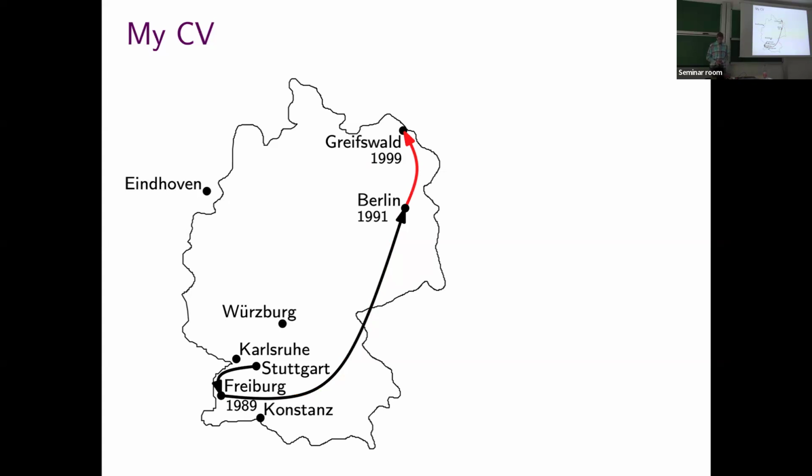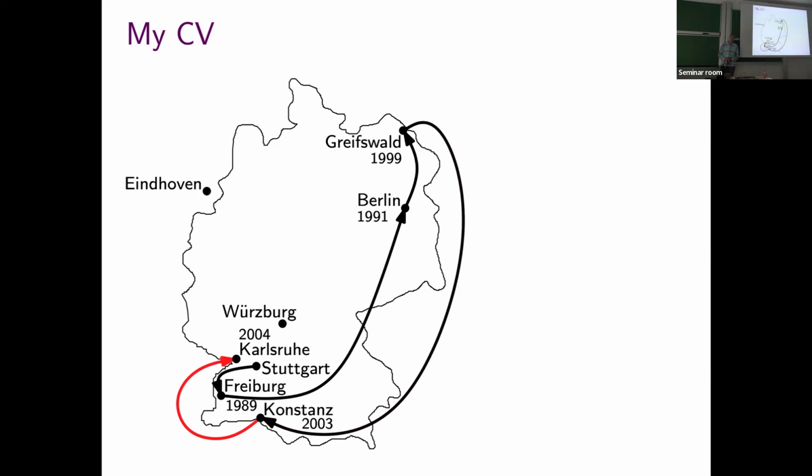But then I again crossed the country and went just for a one-term replacement professorship for somebody else to Konstanz in the southwest. And from there, then for a couple of years to Karlsruhe.